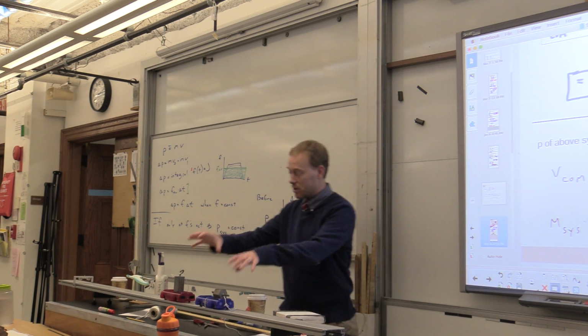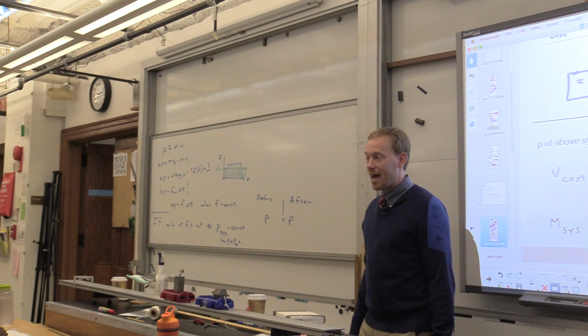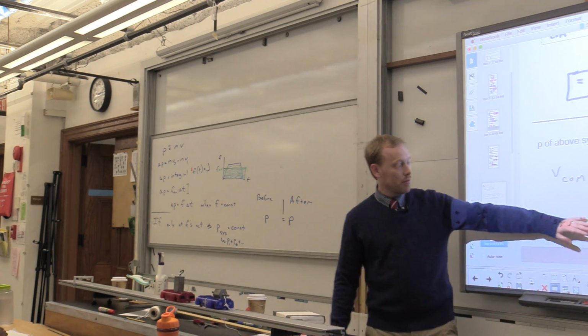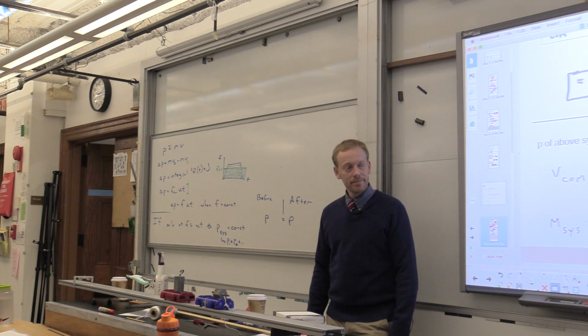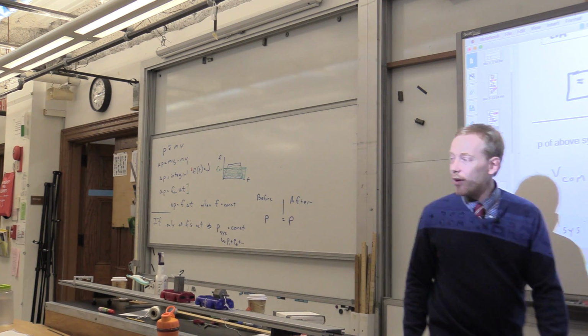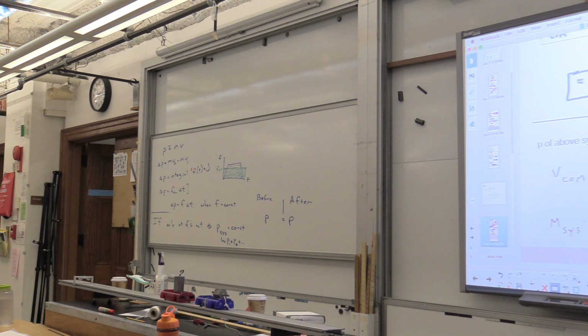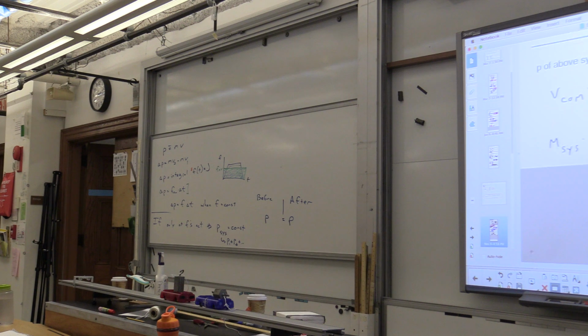If you ascribe just one position to a system, you're talking about the center of mass position. If you ascribe just one velocity to a system, you're talking about the center of mass velocity. So now we have another way to calculate the momentum of the system. You can add up the individual momenta, or you could treat it as one grouped object with one velocity, and that velocity is the center of mass velocity. That's kind of neat.